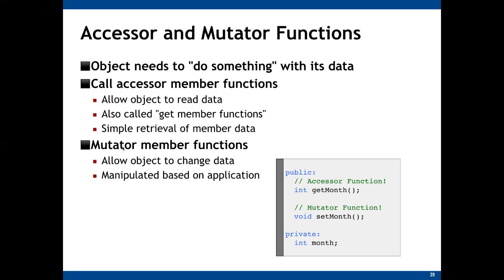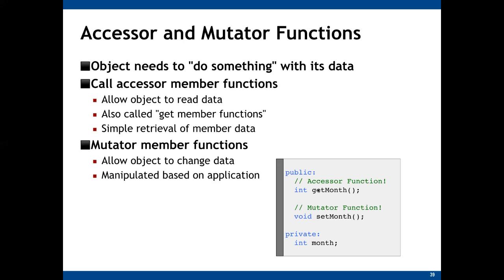So both accessors and mutators are public member functions of the class. And normally we include the word get, as shown here, for accessor functions, and the word set for mutator functions like this.